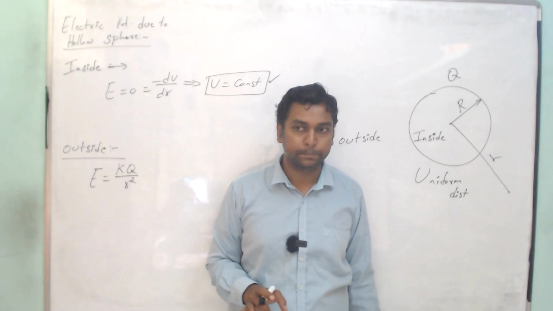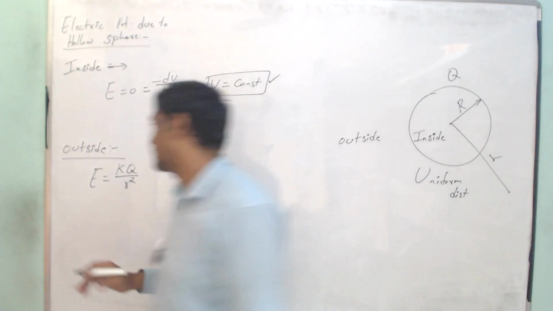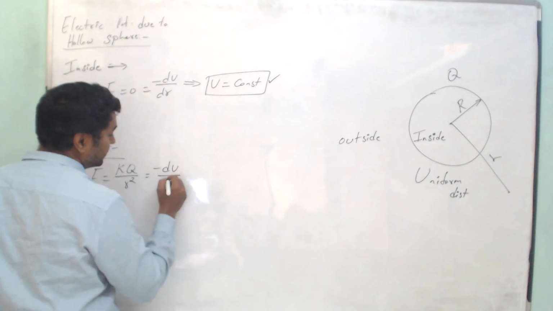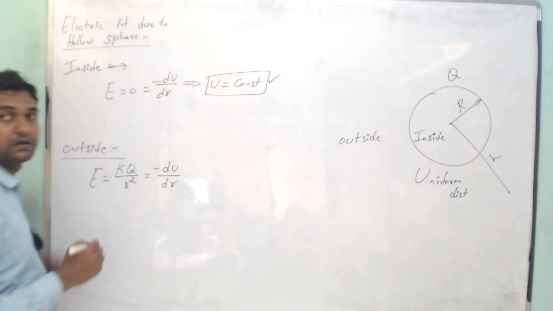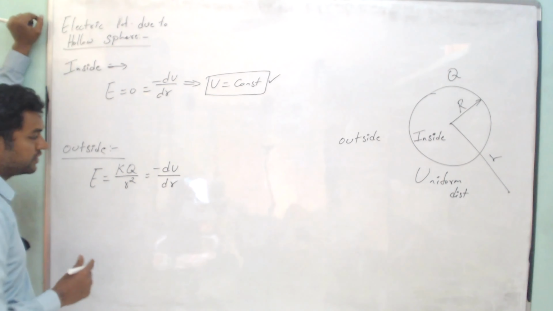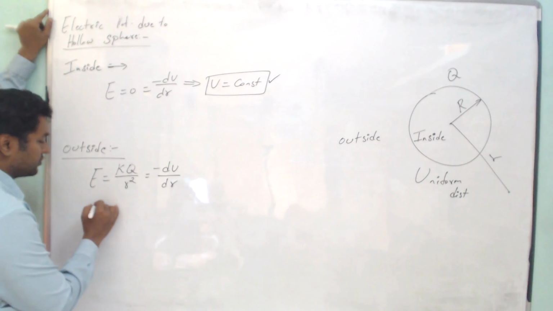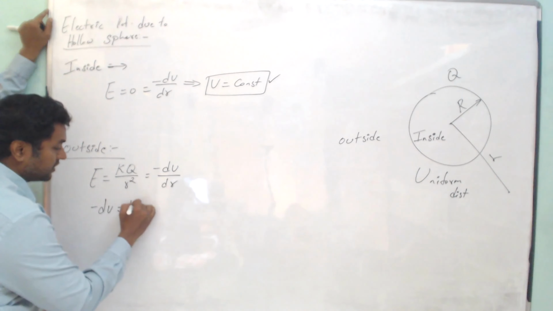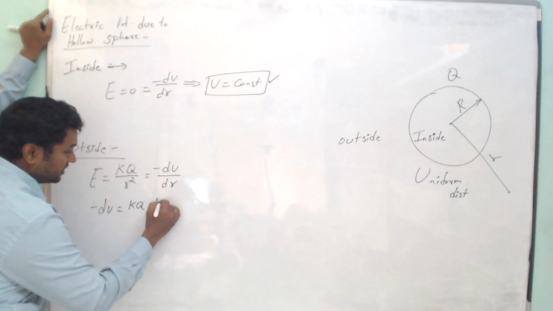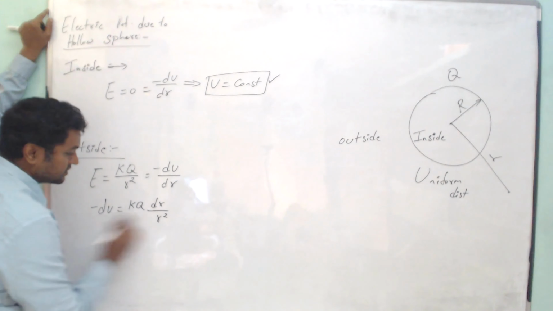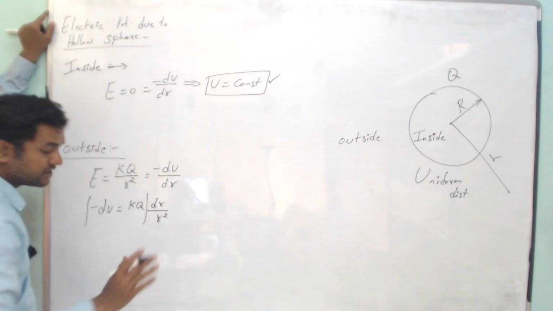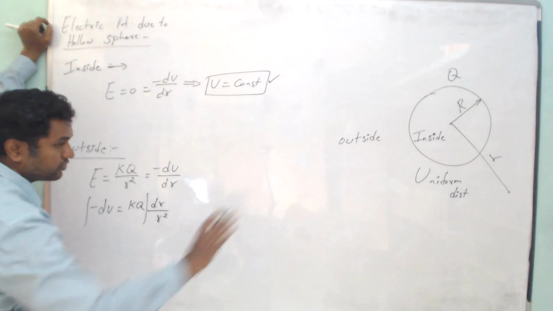But again, you know that electric field can be written as minus dV by dr. So let me do the integration part of it. Minus dV is equal to, I'll cross multiply, kq is constant, dr by r square. Integrate on both sides. I am doing indefinite integration and I'll not be bothered about the constant.